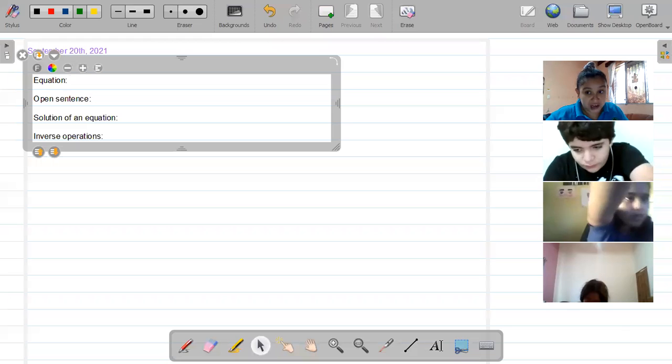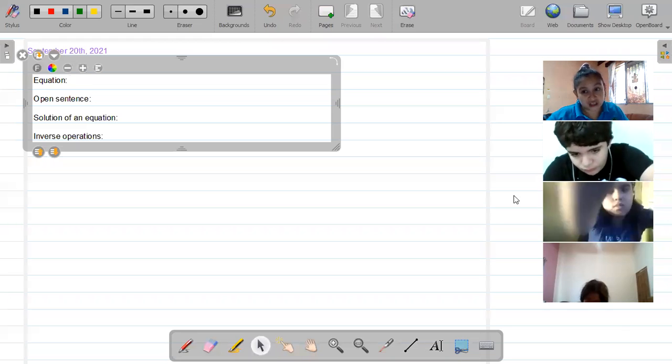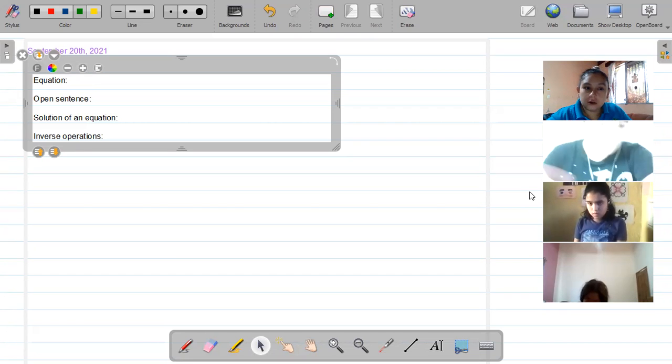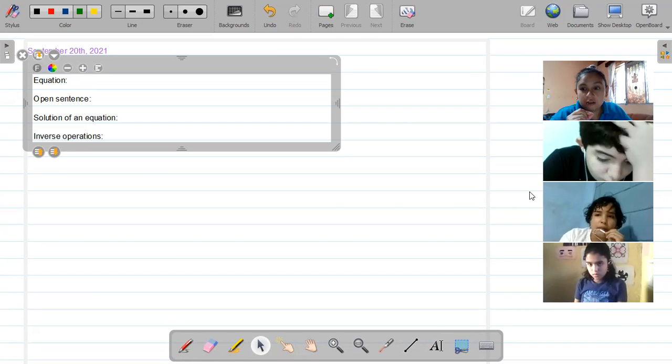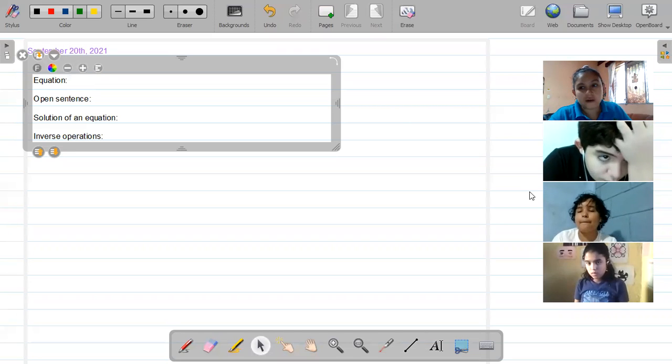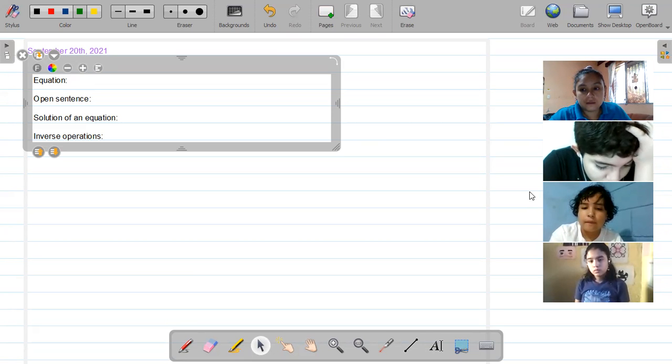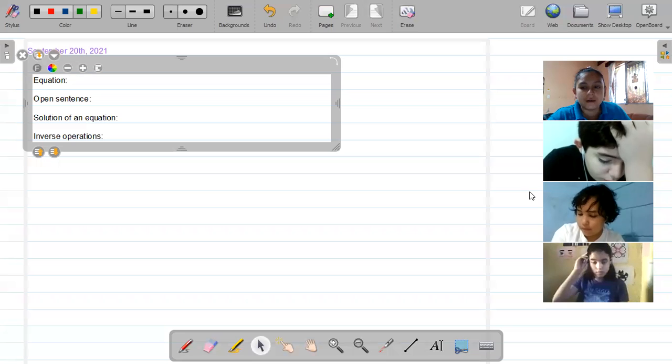A mathematical phrase or mathematical sentence, that would be correct. But I want something else. A mathematical expression, okay. But there are several mathematical expressions. A variable expression is a mathematical phrase or expression or sentence. But what makes an equation different from what we have seen already?